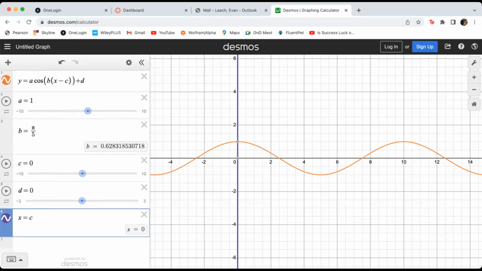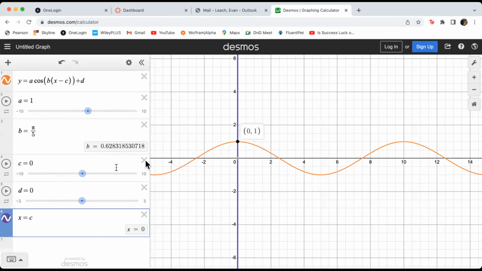With a C of 0, that vertical line is going to be where the graph is starting. The other reason I switched to cosine is I want to start at the top. It's easier to see starting at the top rather than going up.